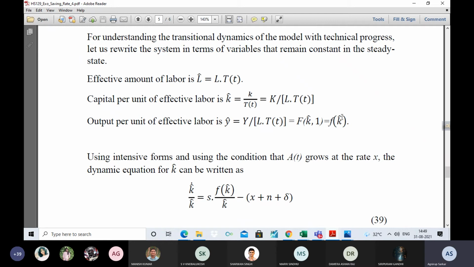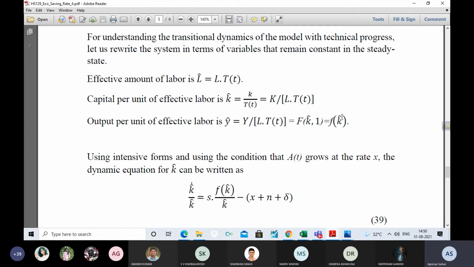Because of labor augmenting technology, the labor input is effectively L hat instead of L, because that's how the economy will operate. Any contribution of labor towards output would be that of effective labor, because now labor is boosted by technology.